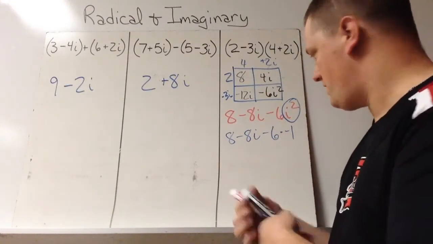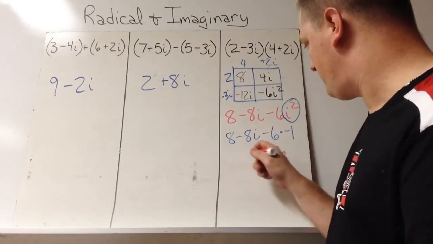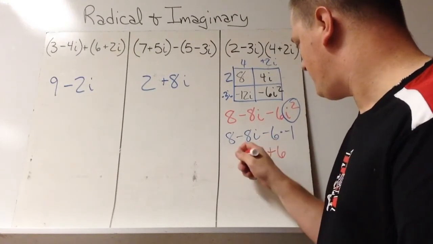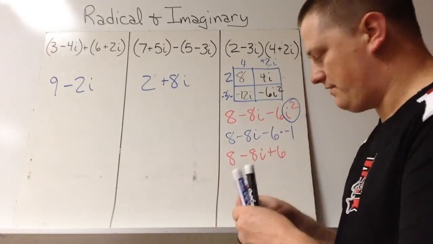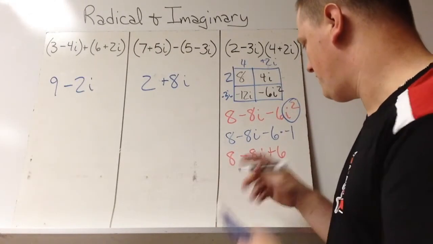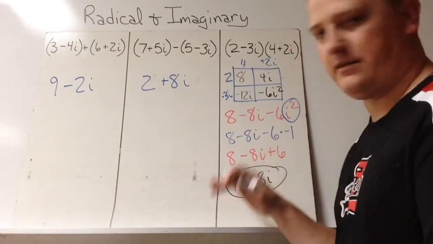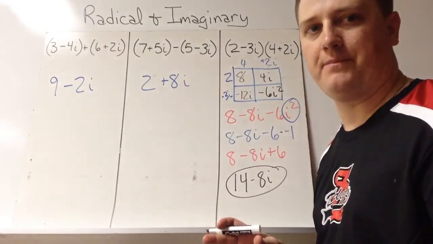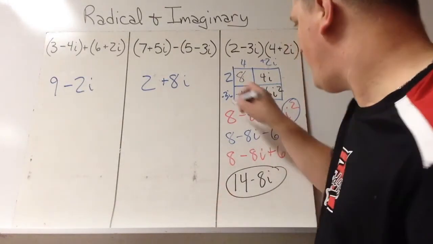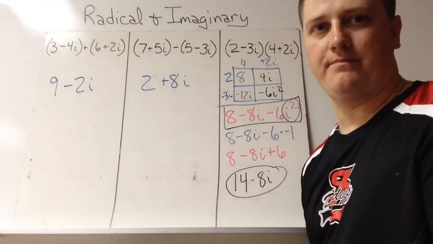Negative 6 times negative 1 is positive 6. 8i, 8 there. And then the 8 and the 6 become 14 minus 8i. Now this last step from here down is new and kind of different. If you don't understand that, that's okay. At the very least, you should be able to get it there.